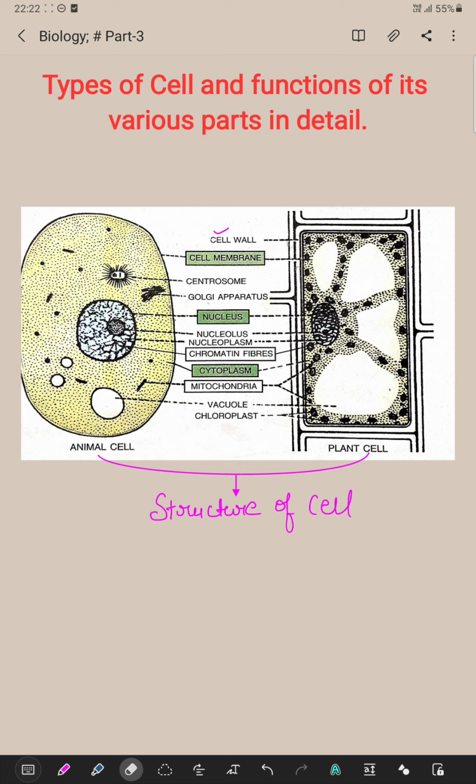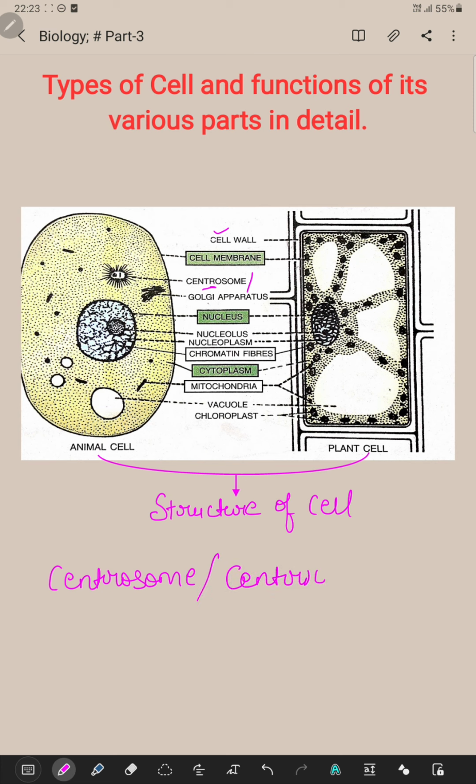Now cell wall. Cell wall is present in the plants and it is absent in the animal cell, as you can see here. Cell membrane is present in animal as well as plant cell. Centrosome is one of the main features of animal cells which differentiates them from the plant cells. The presence of centrosome, and this is double, and we also have centrioles.